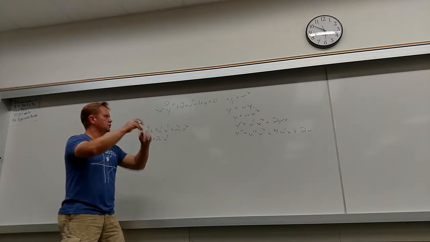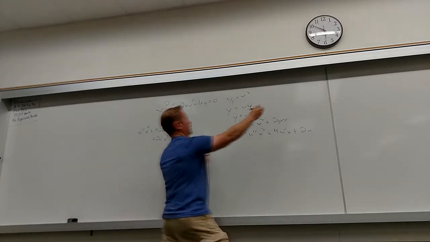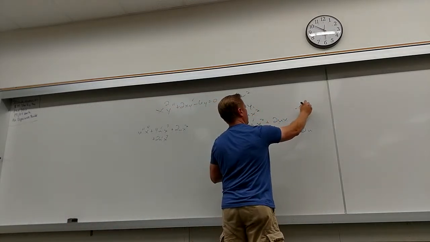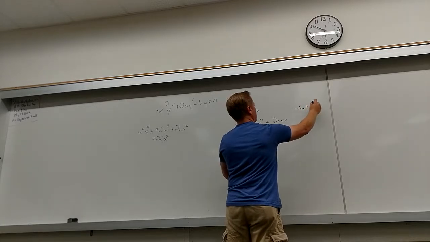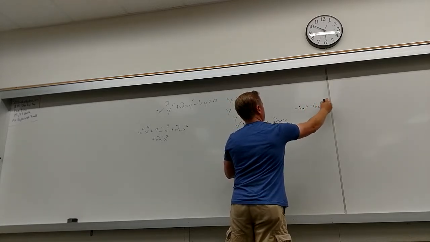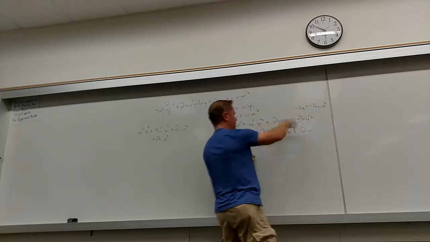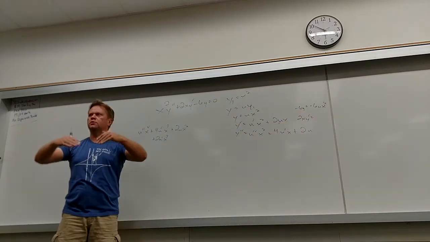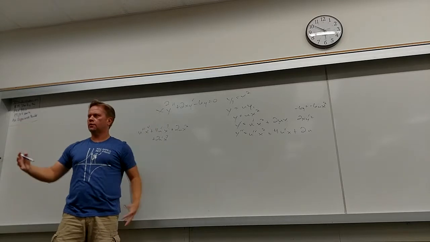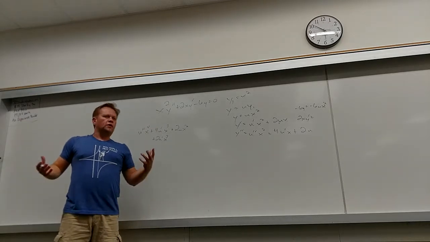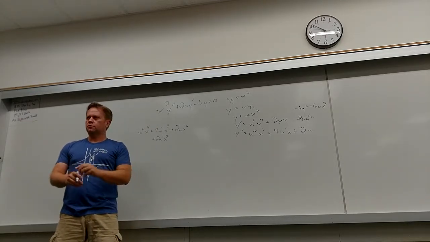And I like what some of you guys are doing, actually. You're putting next to this negative 6y equals negative 6u x squared, and you put here 2xy prime equals, and then you write what it is. You're building the parts you need, and then you can just put them together. Beautiful. I love it. Construction approach.